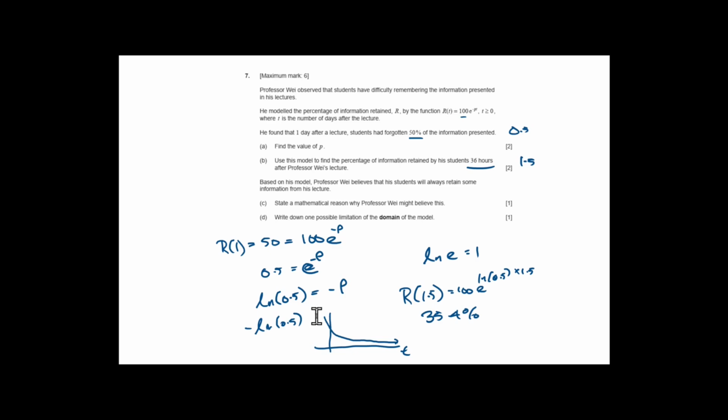It also presumes that it's a kind of a nice, slow slope. People tend to forget things in chunks. You'll remember it, then you'll have a night's sleep and you'll forget half of it the next day, and then probably the next day forget. So it'll probably be stepped. I don't know, it's any number of things.